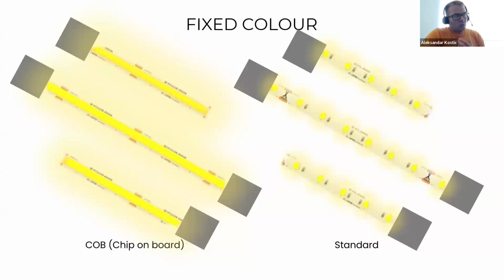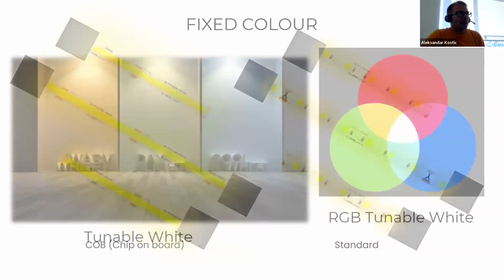But if you would like fully diffused light from an LED tape, there is also an option of so-called COB tapes, which stands for chip on board, which have continuous LEDs along the tape itself, and that is a specific LED tape.